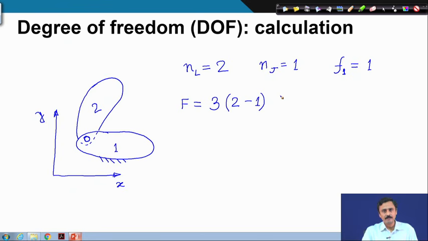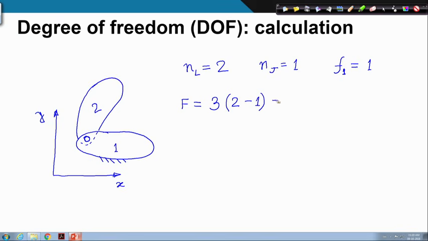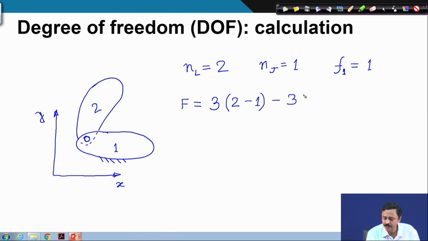Here there is one kinematic pair. So, we say that this kinematic pair will take away 3 degrees of freedom. Therefore, I subtract 3 times the number of kinematic pairs involved. Here it is only 1. So, minus 3 times 1, but it really does not take away all the degrees of freedom.